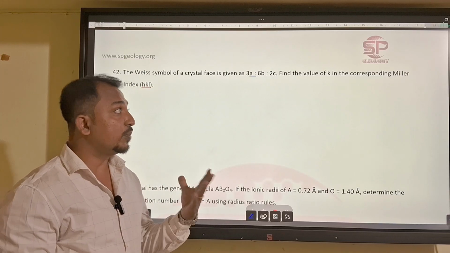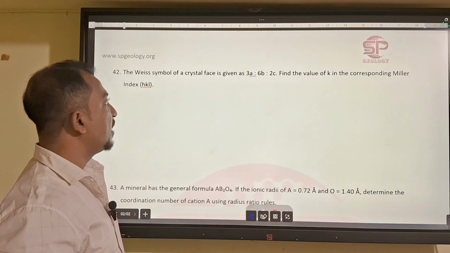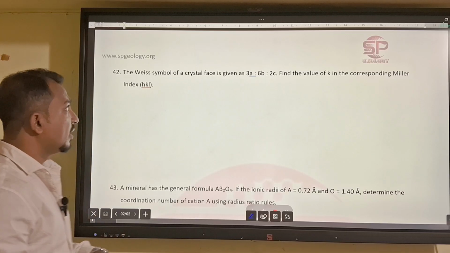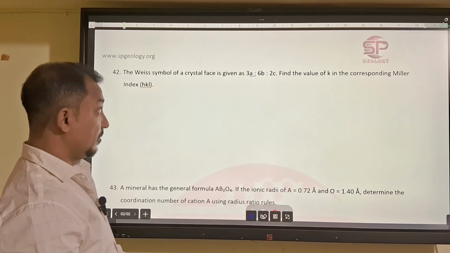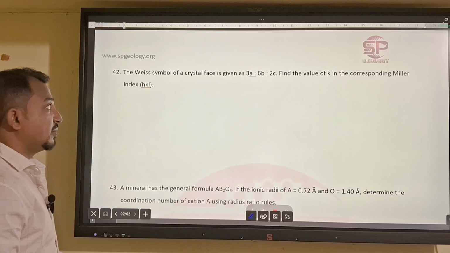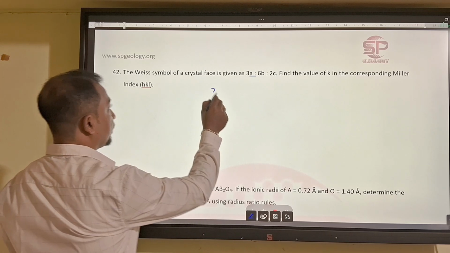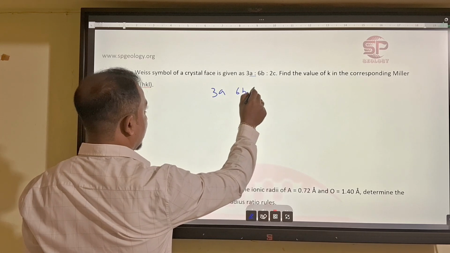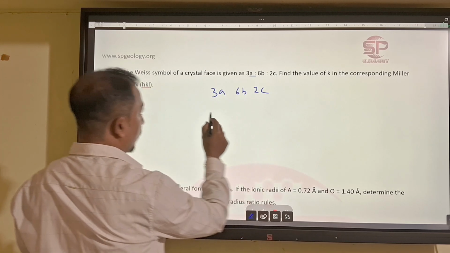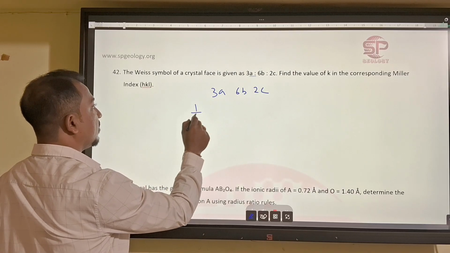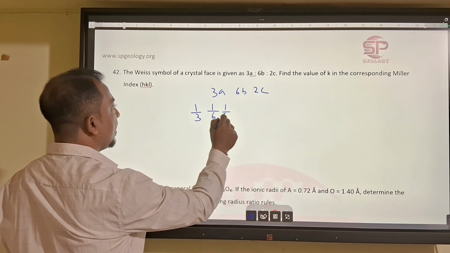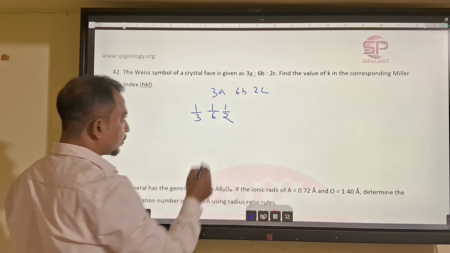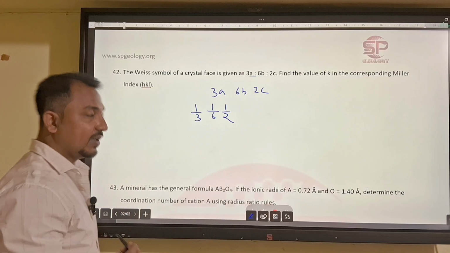Next comes the Miller indices problem. Miller indices is the reciprocal of the Weiss parameter. Here the Weiss symbol of a crystal is given as 3A, 6B, 2C. To calculate the Miller indices, you have to take the reciprocal, that is 1 by 3, 1 by 6, 1 by 2. Then we'll take the LCM.